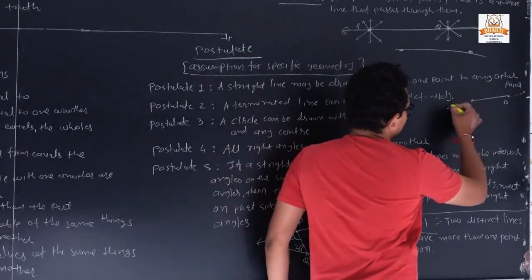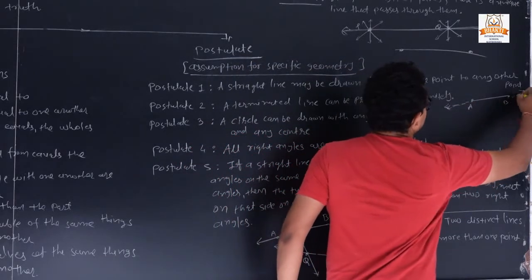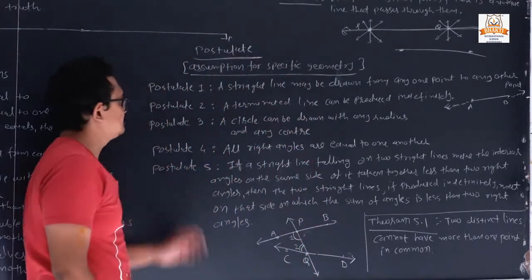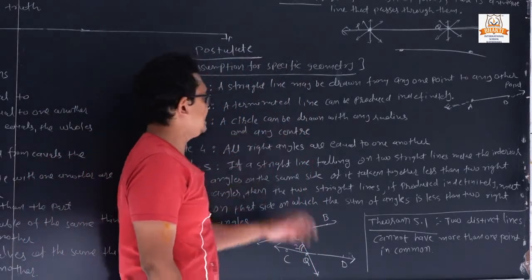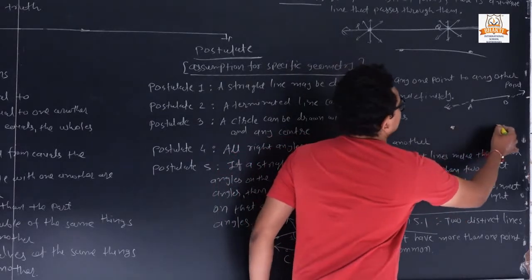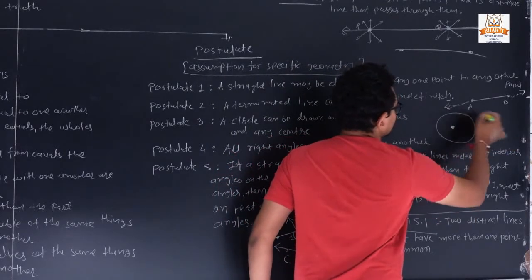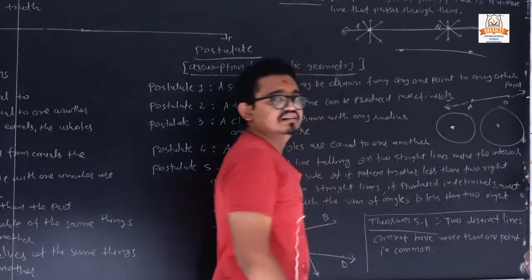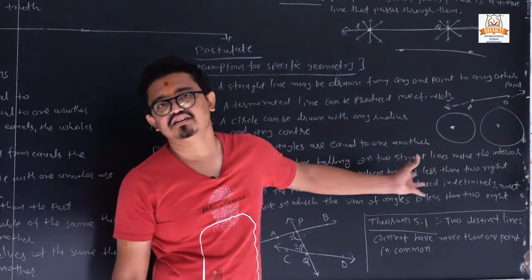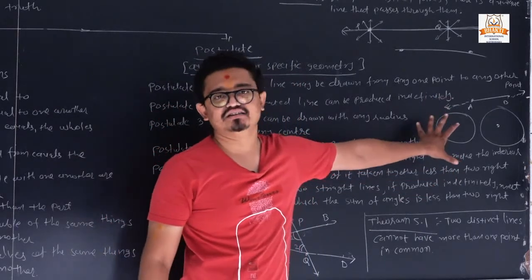See that terminated line. We can also extend this line, so it is infinite. Third, a circle can be drawn with any center and any radius. Suppose we can take any center and any radius. Clear? 1 centimeter, 2 centimeter, 5 centimeter, 10 centimeter, and we can take any point on this board.